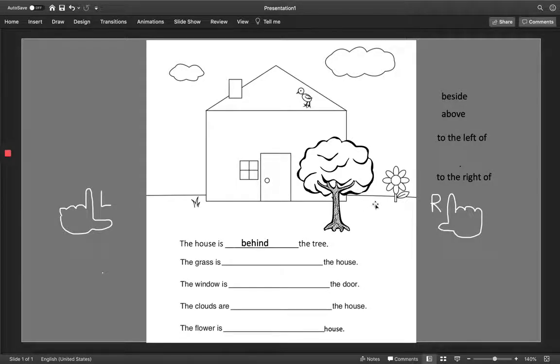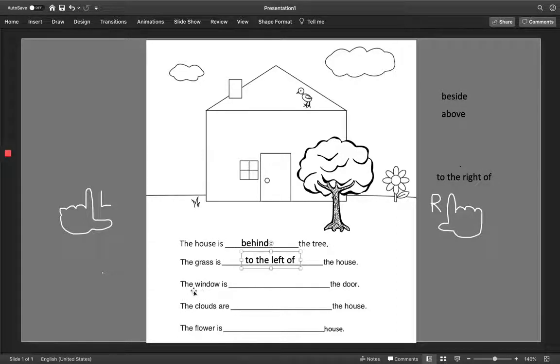Is the grass over here? No, that's not right. I think the word that fits the best, or the phrase that fits the best, is to the left of. Because the grass is on the left side of the house.